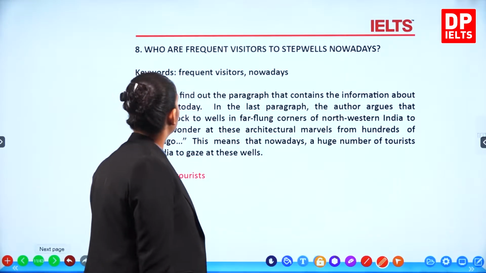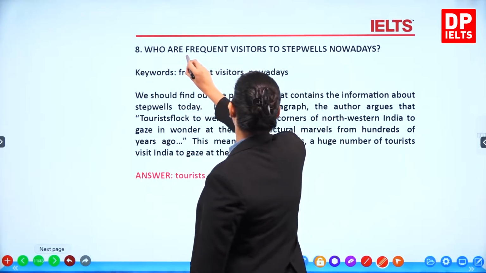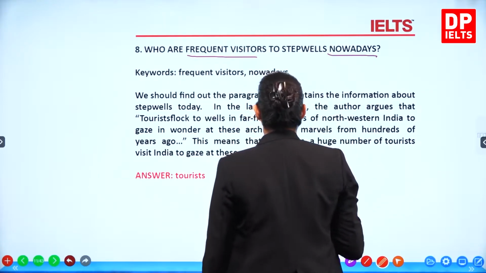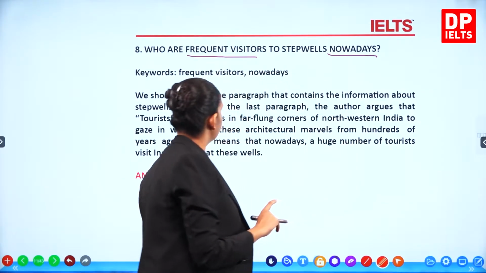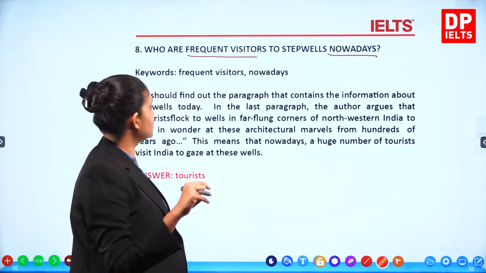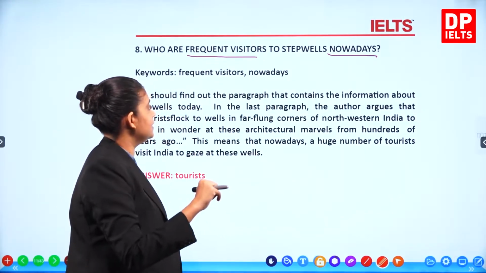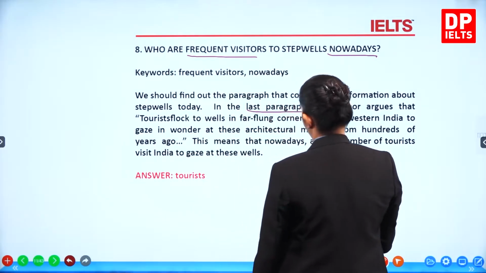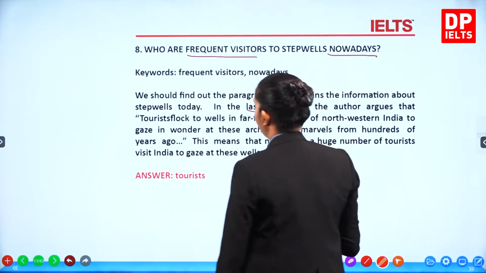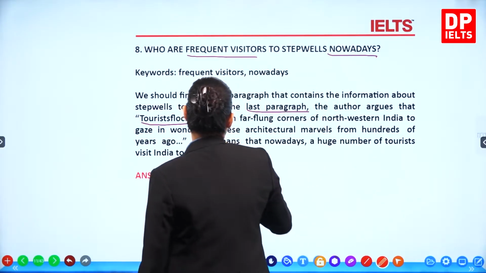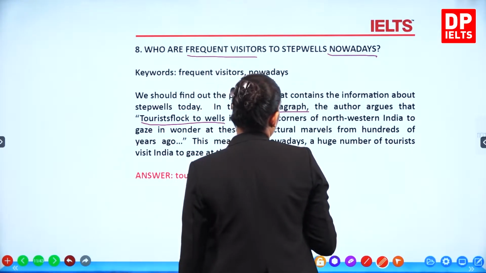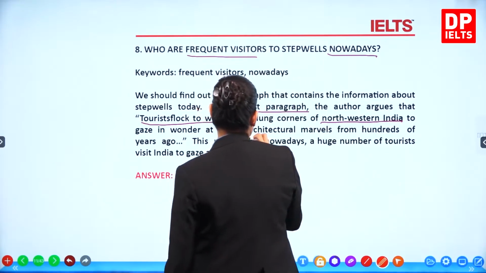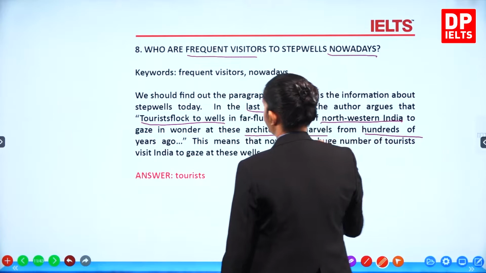Question number 8. Who are frequent visitors to step wells nowadays? We should find the paragraph that contains information about step wells today, and that is the last para. The author says, tourists flock to wells in far-flung corners of northwestern India to gaze in wonder at these architectural marvels from hundreds of years ago.